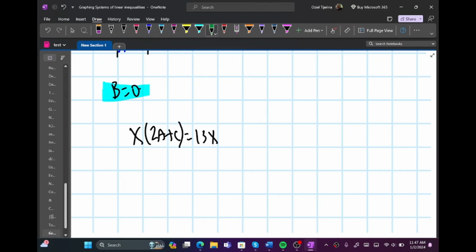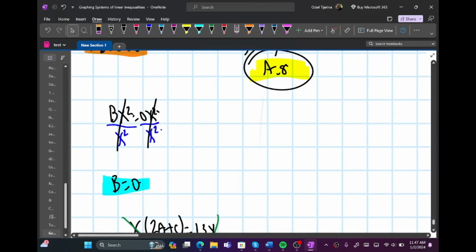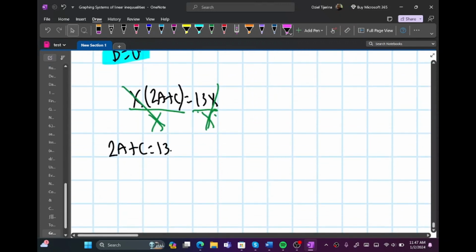This cancels out, and this cancels out, we end up getting 2a plus c equals 13. So I'm going to highlight that in hot pink, right here.